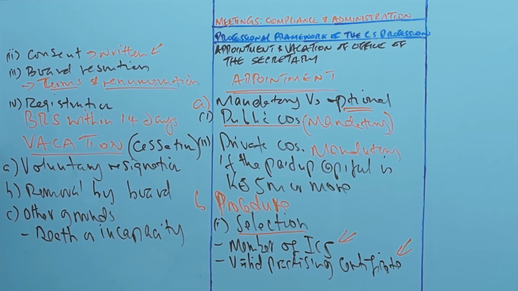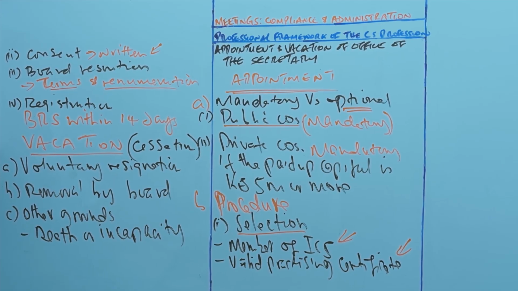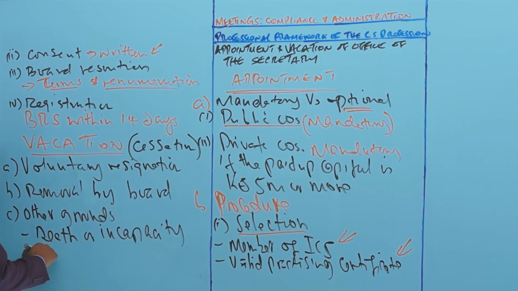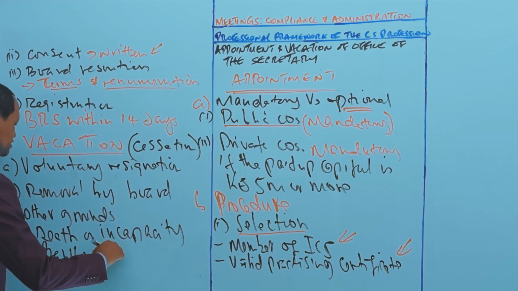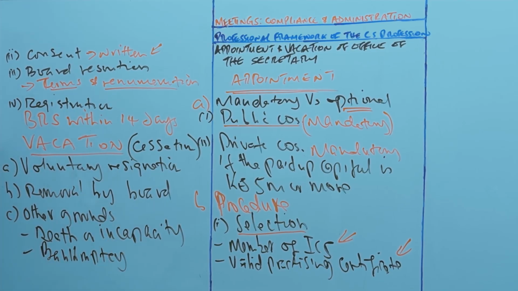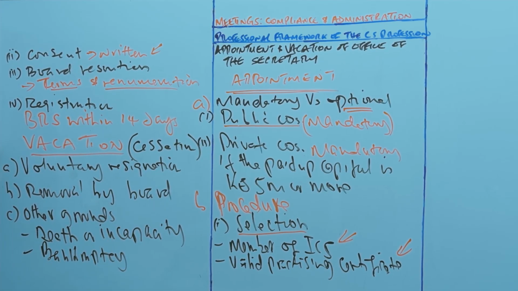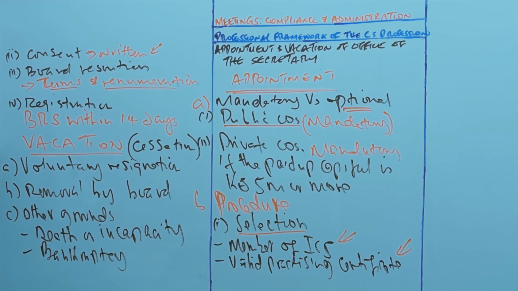The office becomes vacant automatically upon the death or mental or physical incapacity of the secretary. Number 2, bankruptcy. A person who is declared bankrupt is disqualified from serving as an officer of a company.